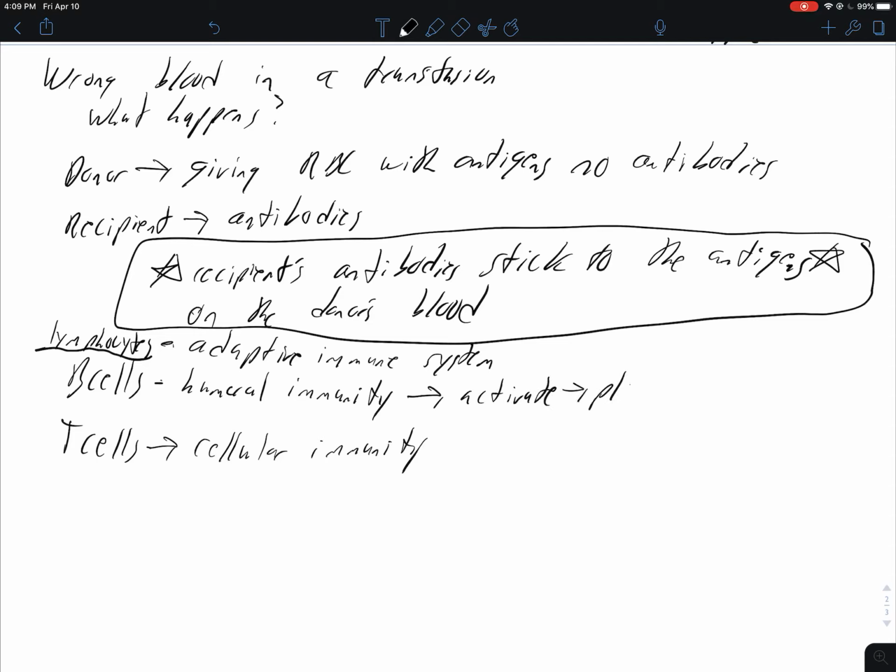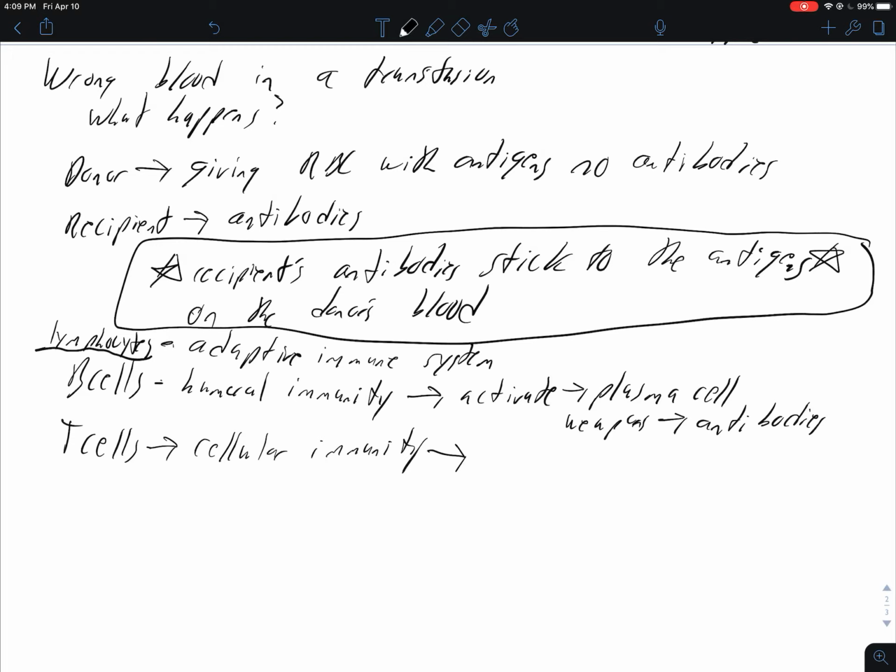Okay? When we activate a B cell, it now turns into a plasma cell. That means it goes out into the blood, starts releasing its weapons, right? So what are the weapons? These are the antibodies. Okay? T cells are the cellular immunity side.